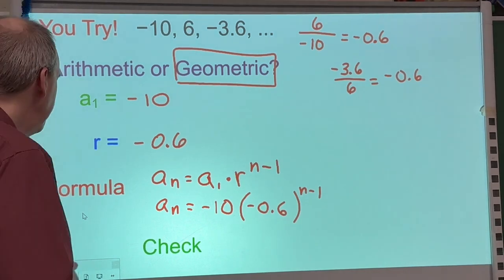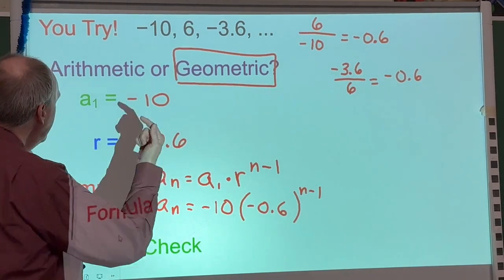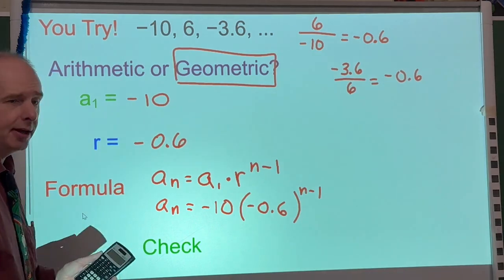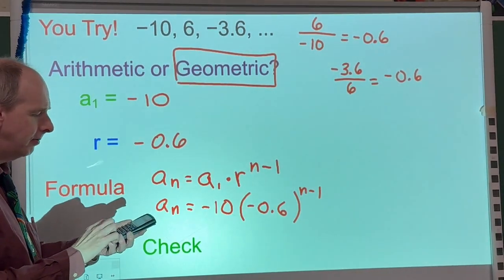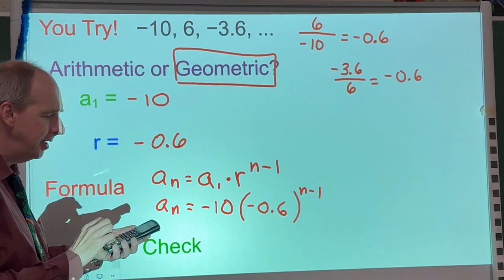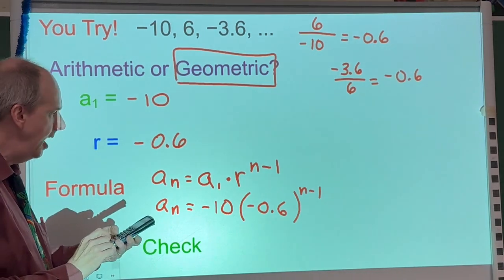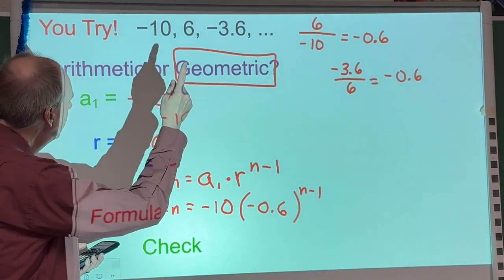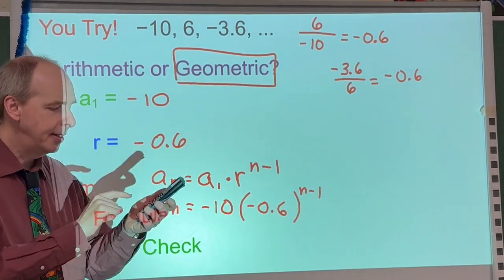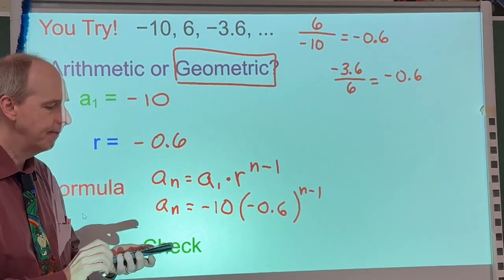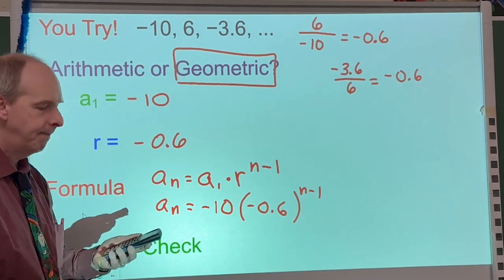So I'll start off by finding a sub 1. My answer should be -10 when I plug a 1 into my calculator. -10, parentheses, -0.6, close my parentheses, exponent, 1 minus 1. 1 minus 1 is 0, exponent 0. Get -10.